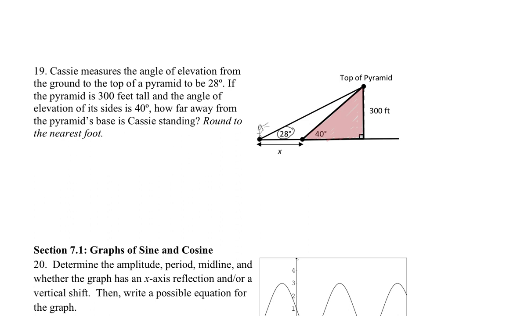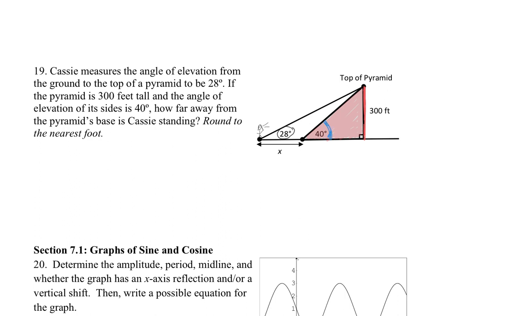And we know that the pyramid has a height of 300 feet. And then we also know that the angle of elevation from the pyramid is this 40 degrees here.